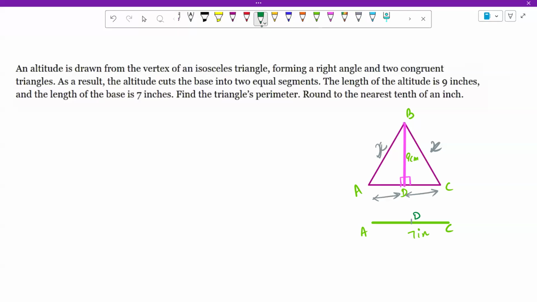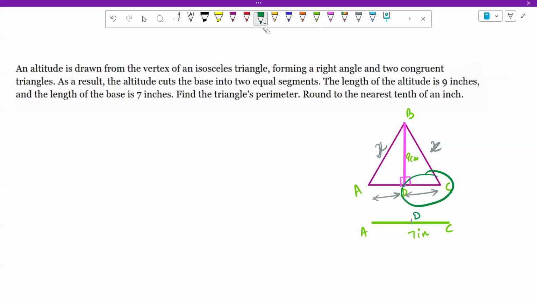See, they have given the altitude, that is this pink line has been drawn. This is our altitude. And it is dividing this base into half, into two equal portions. That is, whatever is the length of AC, it is getting divided into this half and this half.